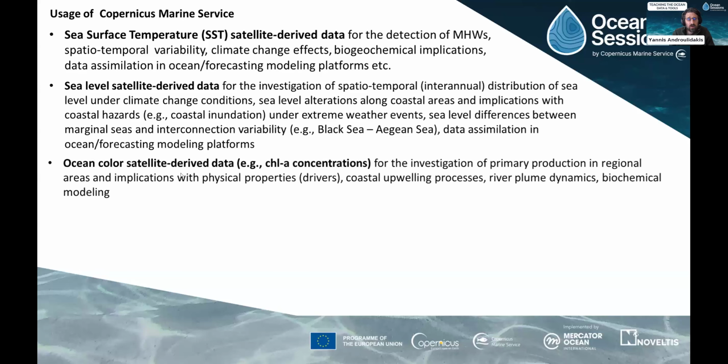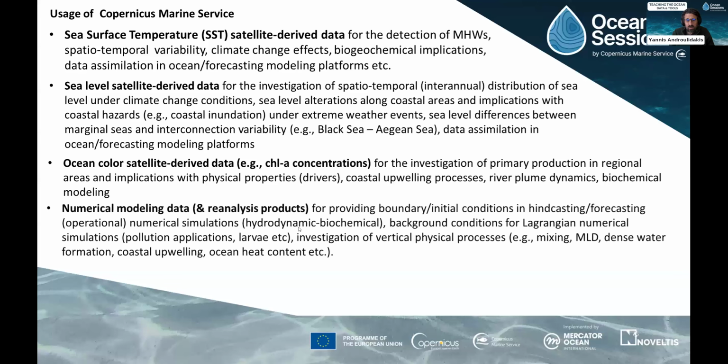And ocean color data, like the ones that were already presented before in this web seminar, chlorophyll concentrations. This is for implications between physical processes and drivers and biochemical, biological processes, and for river plume dynamics and also for biochemical modeling.